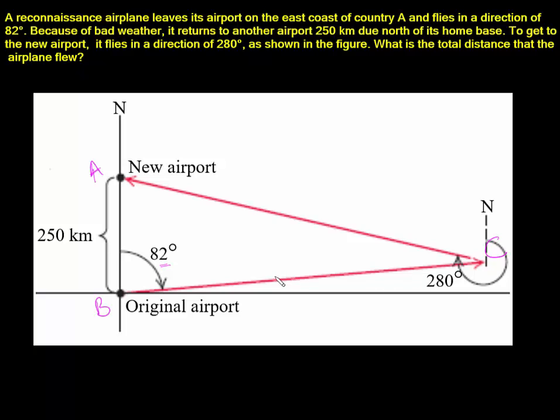If you look at these carefully, these lines are parallel, and this AC is a line crossing these two parallel lines. So whatever the measure of angle A is, it will be equal to this angle here.